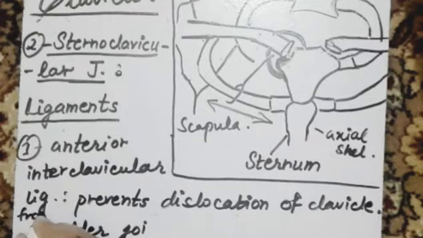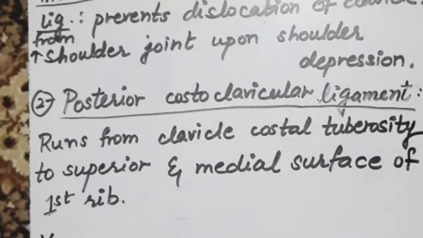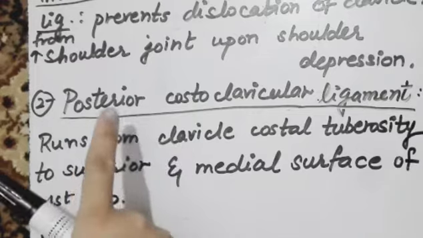Let me just correct that. Dislocation of clavicle from shoulder joint. It's the main sentence. Now let's discuss the second ligament, that is the posterior costoclavicular ligament.